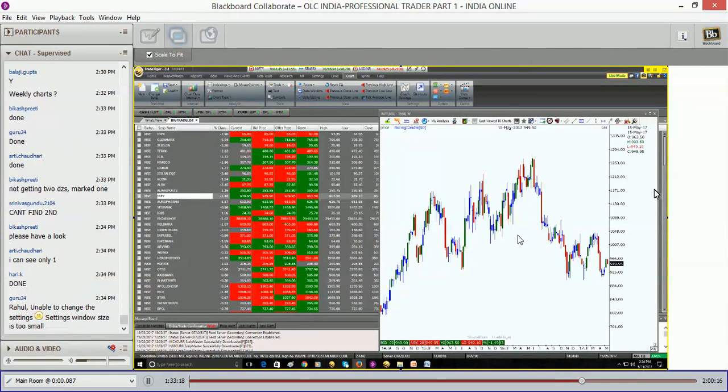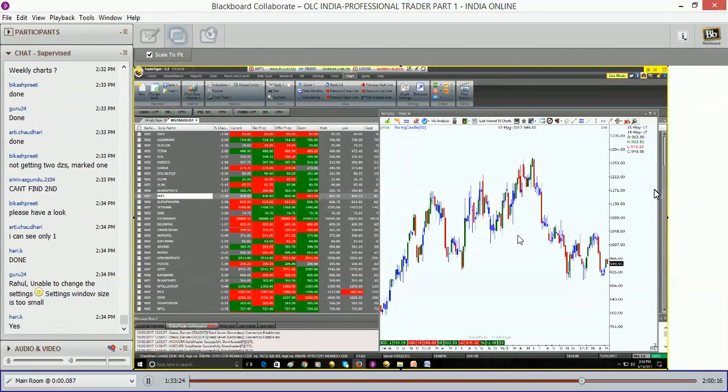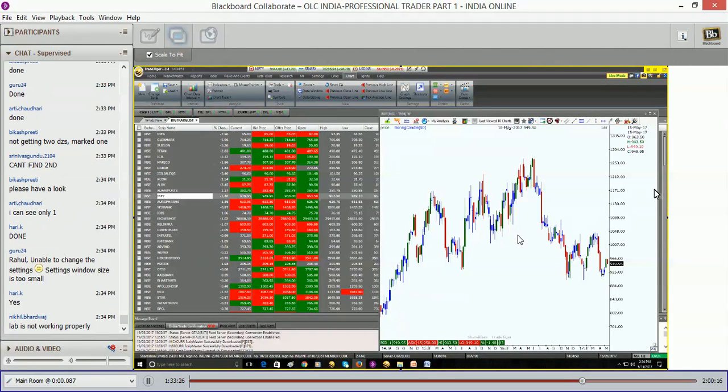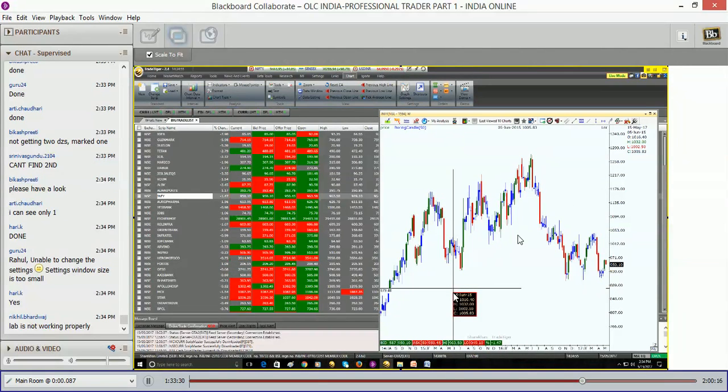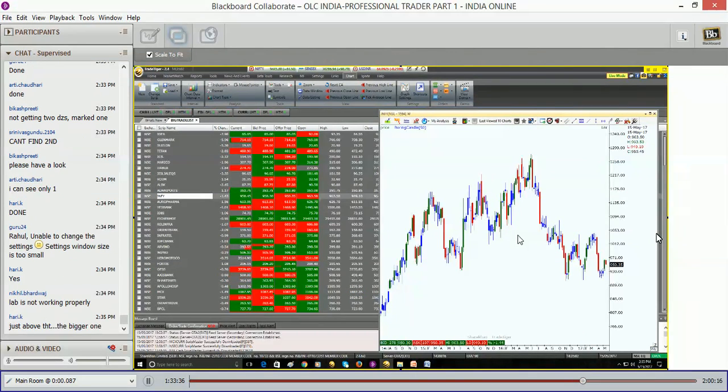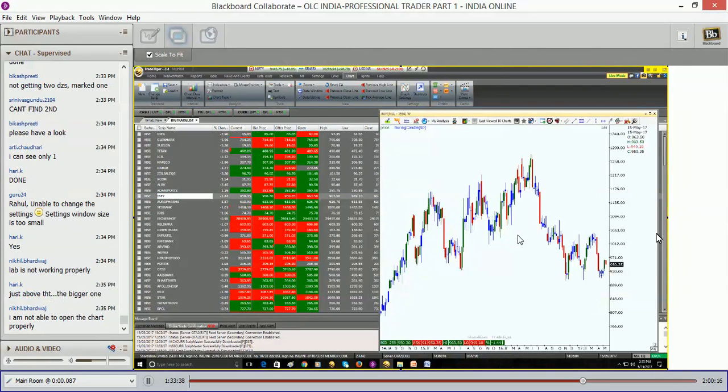Although the one you've marked is correct, you've missed one before that. Guru, I would suggest getting in touch with IT, because I won't be able to do it if you're finding it too small from here.